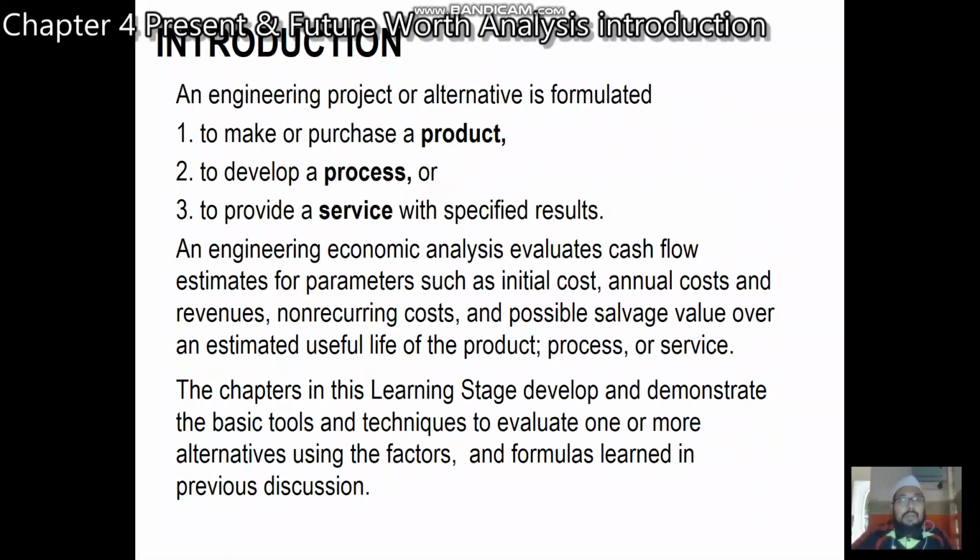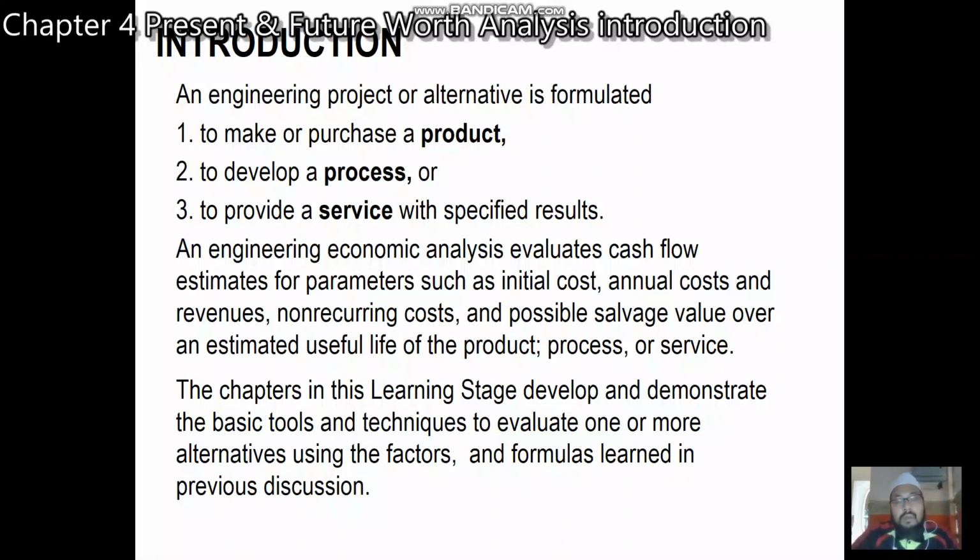So as an introduction to this chapter, an engineering project alternative is formulated so as to make or purchase a product, to develop a process, or to provide a service with specified results.